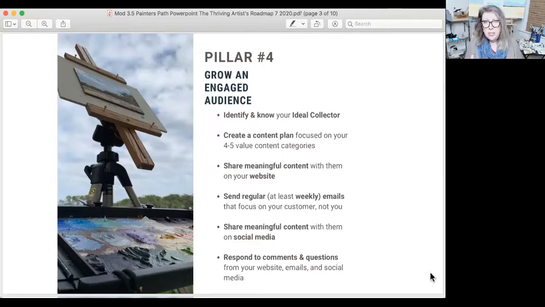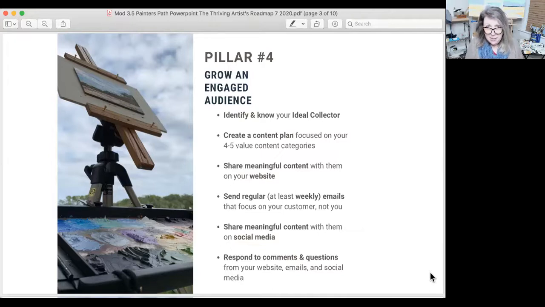If you build a content plan, you will immediately be further ahead than so many other folks. I'm going to come back to that in a second. But I get excited talking about it because I think it's one of the things that really slows people down the most, that they don't have a plan. And so they're creating content on the fly and they don't know where they're going with it. So more on that in a minute.